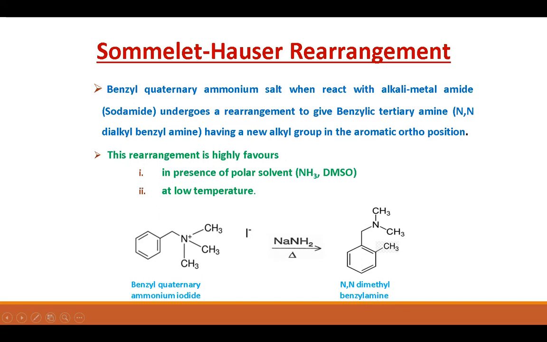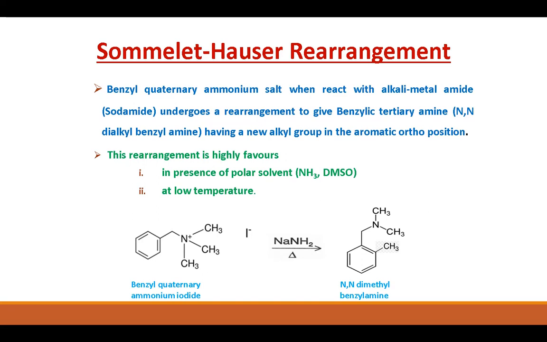Since the product is a benzylic tertiary amine, it can be further alkylated, and the product again subjected to the rearrangement. This process can be continued around the ring until an ortho position is blocked. This rearrangement reaction occurs with high yield.